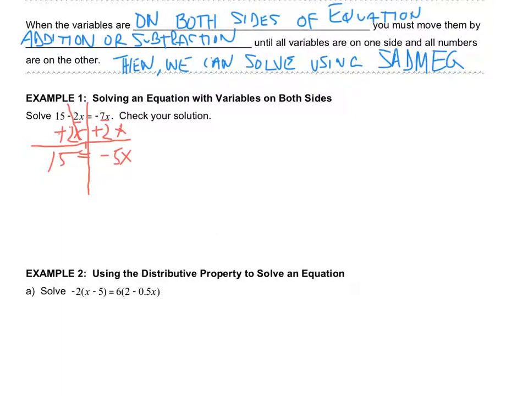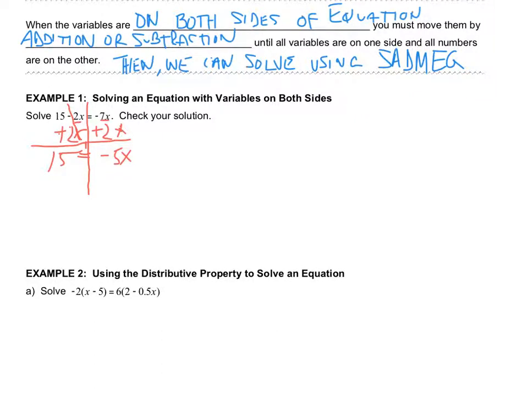So now I switch into SADMEG mode, and I have to just undo what I see. I see one operation, so it's easy to know which one to do, and the operation is 5x, or negative 5x, which means multiply. The opposite of multiplying is to divide.